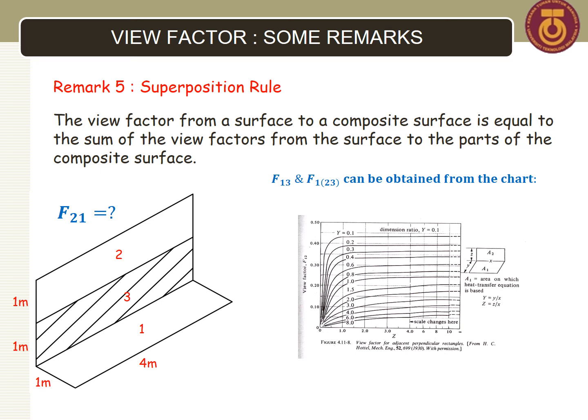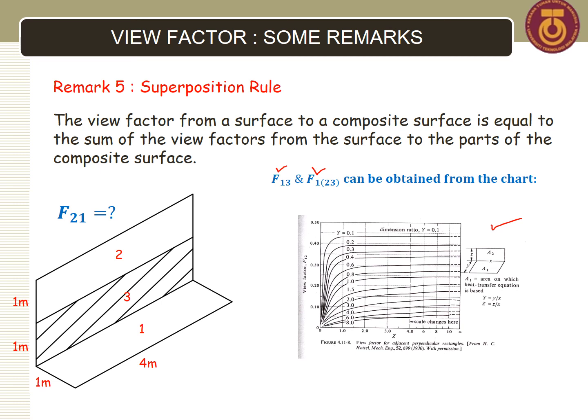From the chart which we have discussed previously, we can determine F13, because 1 and 3 are adjacent to one another. It also enables us to determine F123, because they are also adjacent.